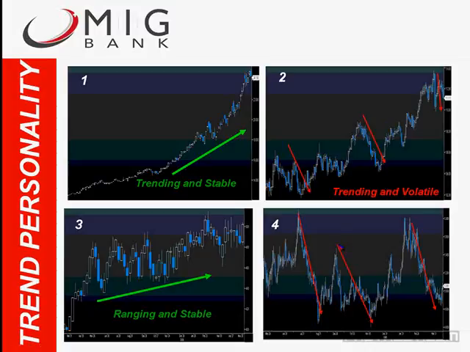It can range. But during that time, what affects and influences the characteristic of that market, the personality of that market, is the volatility. Does that make sense to everyone? I'm just basically saying that high and low volatility is the one thing that truly affects the personality of a market. Chart 1 and 3 show you low volatility markets. Chart 2 and 4 show you high volatility markets.